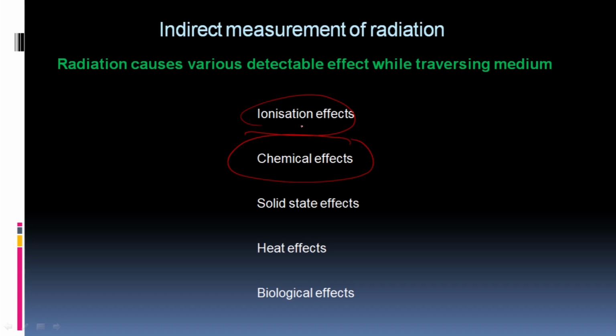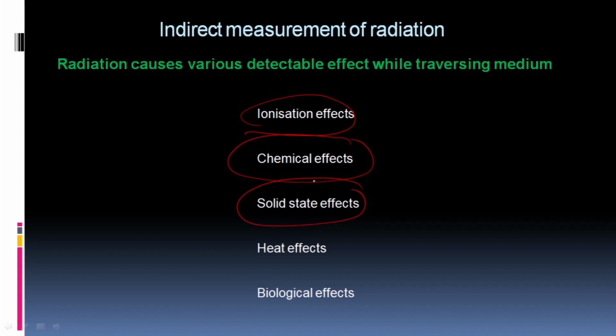Again, some solid state devices show some effect after exposure to radiation, and this solid state effect can be measured electronically by various methods, and we can measure the radiation in an indirect way by measuring the amount of detectable solid state effects.